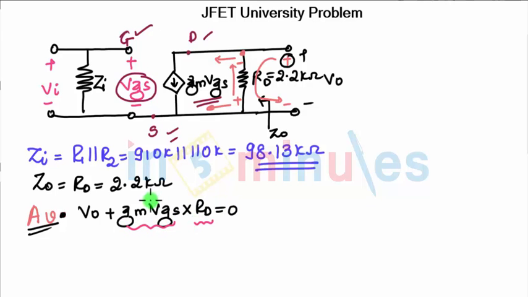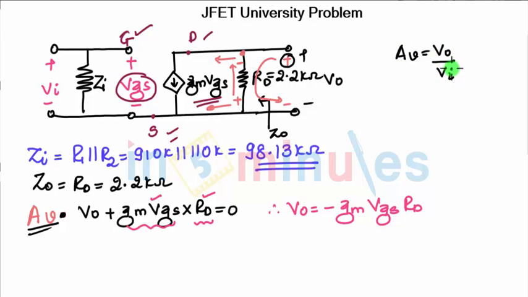This is current and resistance, that will give you voltage. So I can write therefore VO equals minus GM VGS into RD. Now you know that voltage gain is nothing but output voltage upon input voltage. So if I express this VGS in terms of VI, I can easily find the voltage gain.